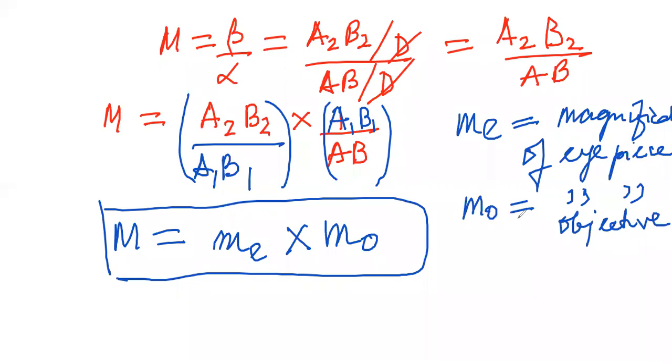Now we'll go by this. We have come to this particular formula, that magnification is equal to this. Let me quickly do this part for you. Let me discuss the eyepiece part first. I'll move on to the next page. For the eyepiece, you have already seen.